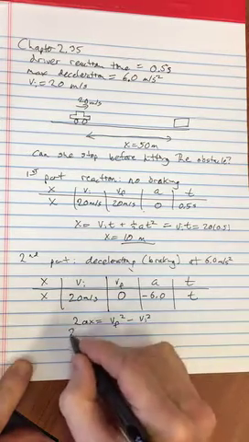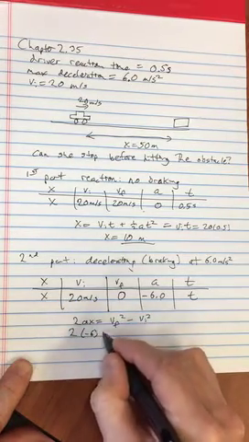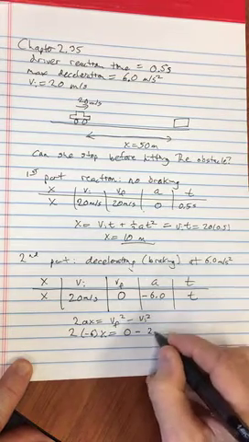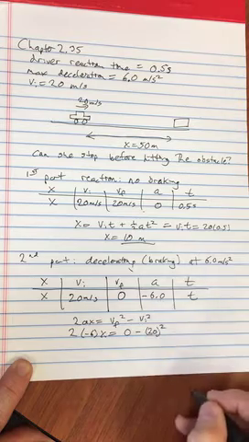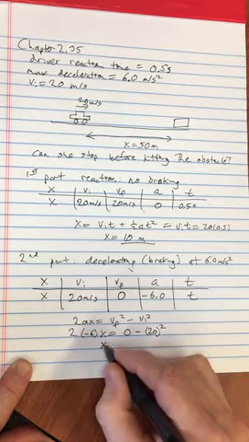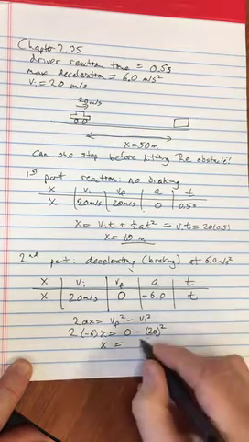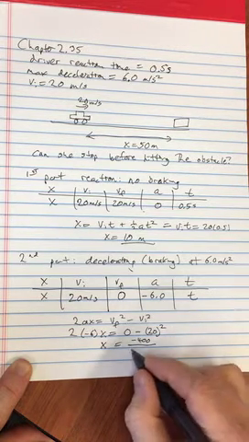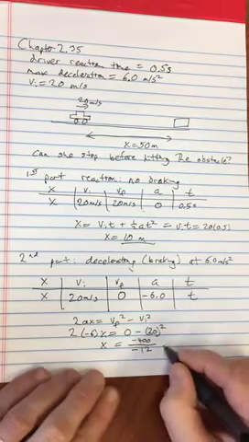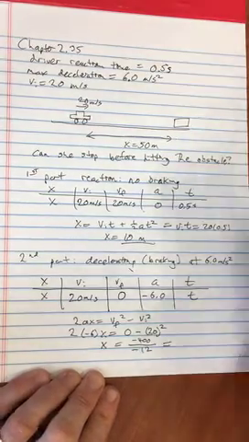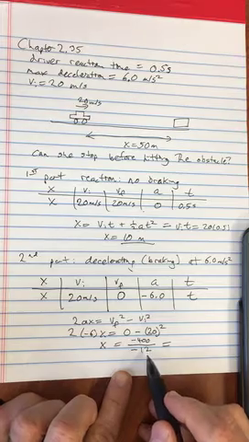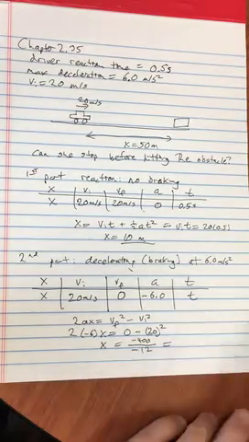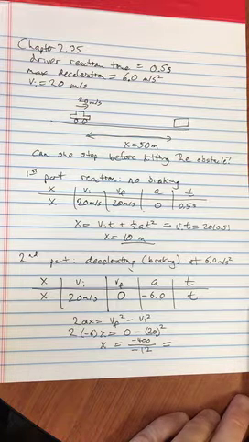So that gives me 2 times minus 6 times x equals 0 minus 20 squared. And that gives me then x equals minus 400, that's 20 squared, divided by minus 12, and I know I'm going to be okay because 400 over 12 is less than 40.